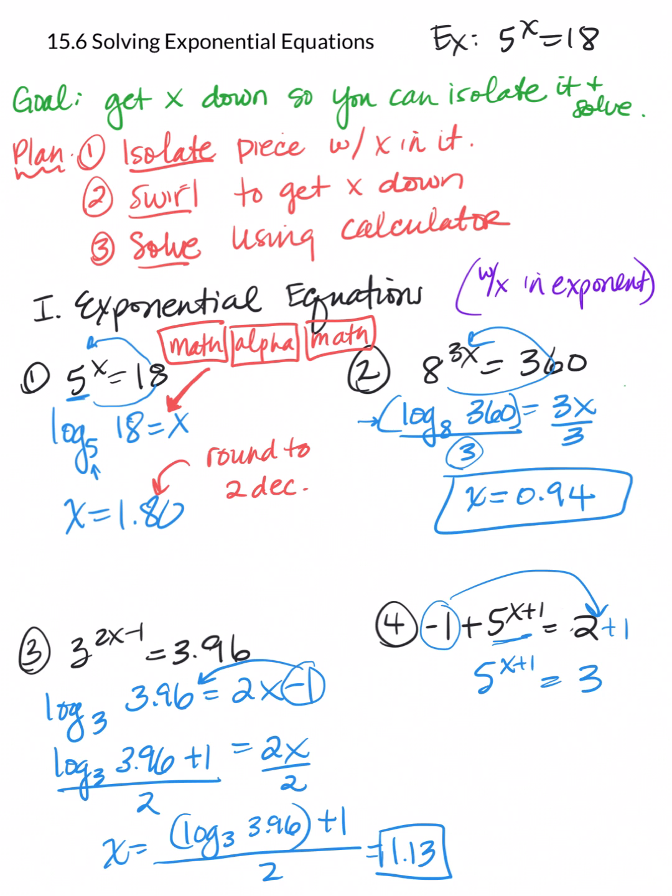Now I can take a logarithm, log base 5 of 3 equals x plus 1. Now my goal is to get x, so I'm going to move the 1 over here. Log base 5 of 3 minus 1 equals x. Now keep all of this together. The log base 5 of 3, find that first in your calculator, then subtract the 1. When you do, you should end up with negative 0.32.